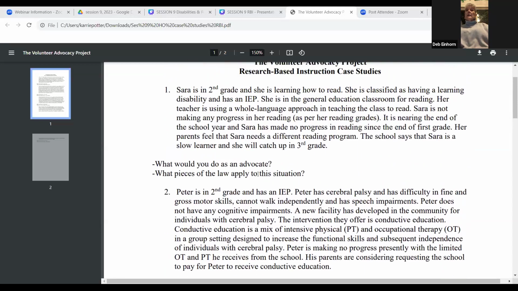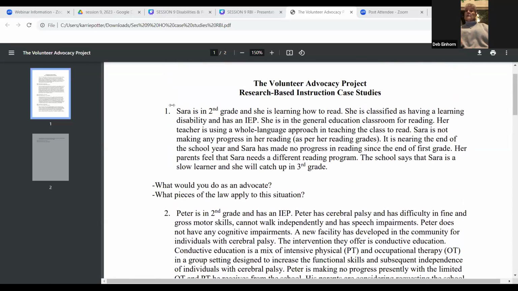So reading is really important in those first couple of grades, because you learn to read in first through second grade, and in third grade, you start reading to learn. So it's really important not to wait for third grade for her to start getting some services. Something that parents could do is ask for an independent educational evaluation to show how she's learning.